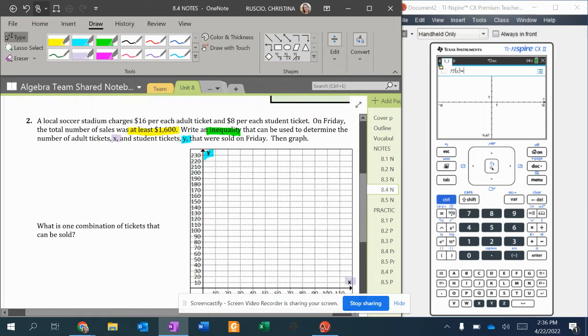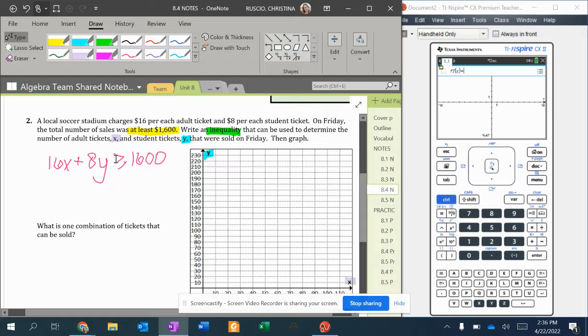So if I write an inequality here, I have $16 per adult, so $16 per X, plus $8 per student ticket has to be at least, so greater than or equal to $1,600.